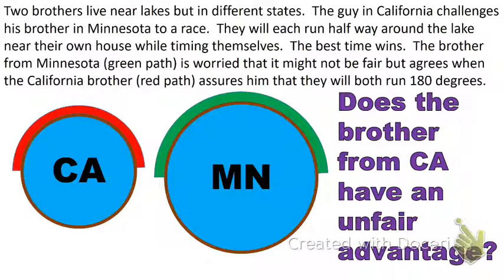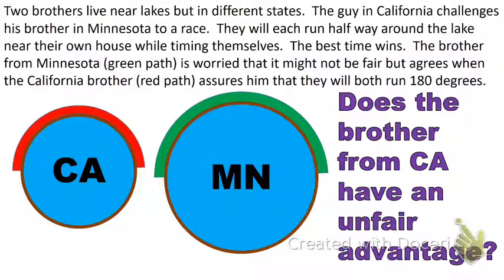The brother from Minnesota, who will follow the green path around the lake near his house, is worried that it might not be fair. But he agrees when the California brother, who will follow the red path, assures him that they will both run 180 degrees. Does the brother from California have an unfair advantage?